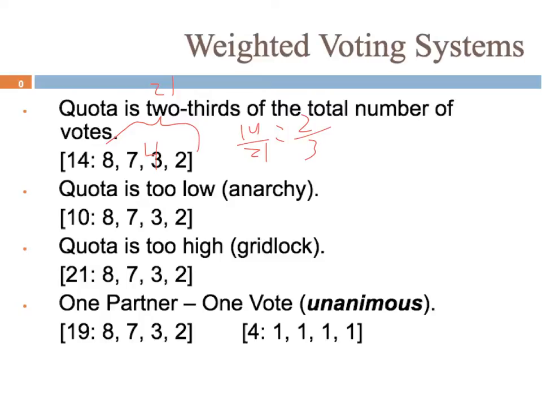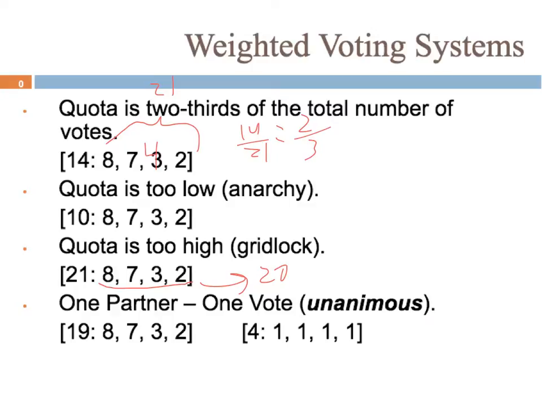So our quota is 21, and we have 8 and 7, 15, 3 and 2. So the amount of votes here adds up to 20. So it's literally impossible, even if everyone in the committee were to vote yes, to actually get a motion to pass, because we would need 21.